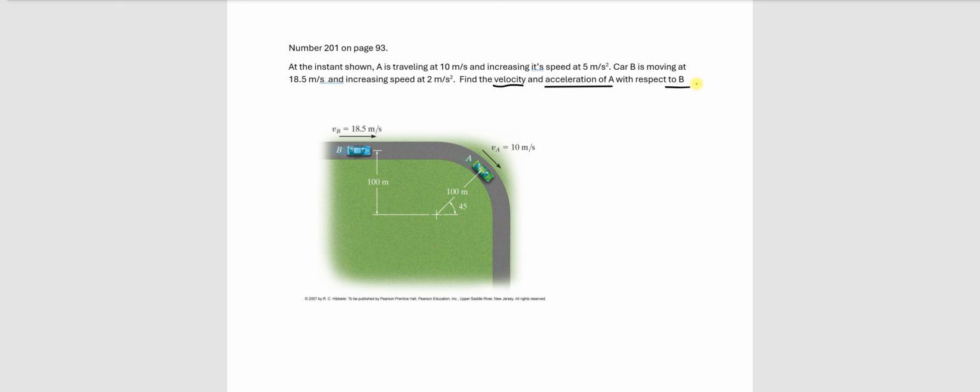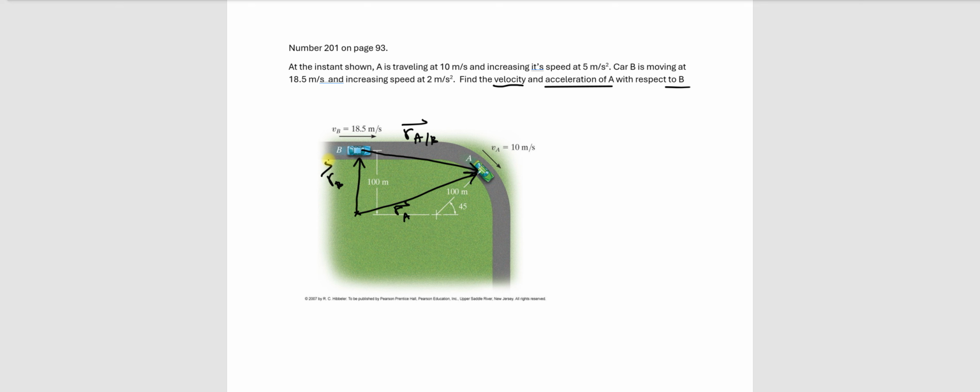We're going to start by looking at position vectors. This vector right here is the position of A with respect to B. Meaning, if you're in car B, where is car A? I'll put a 0 here, and we'll call this position vector A, and here's position vector B. The important thing is understanding the diagram.